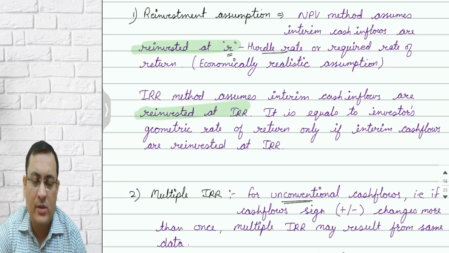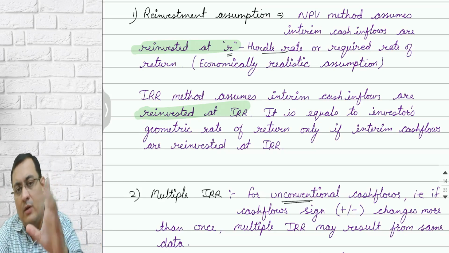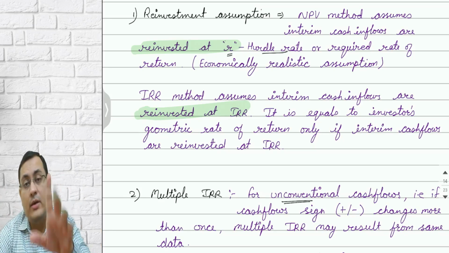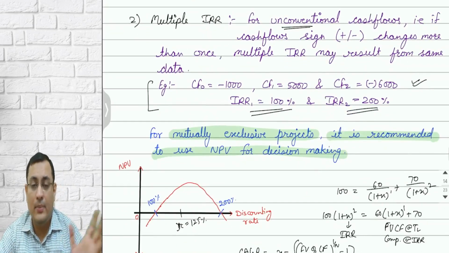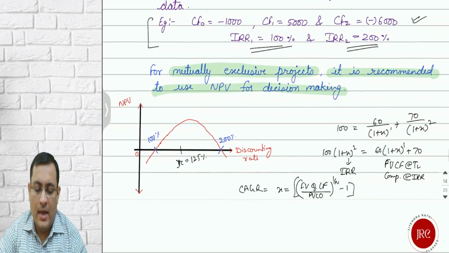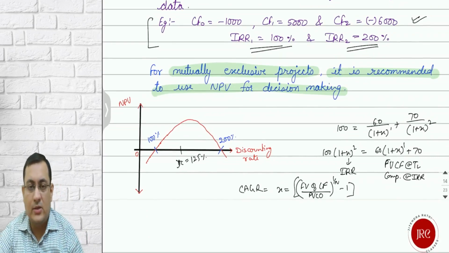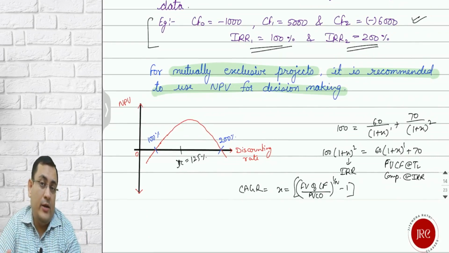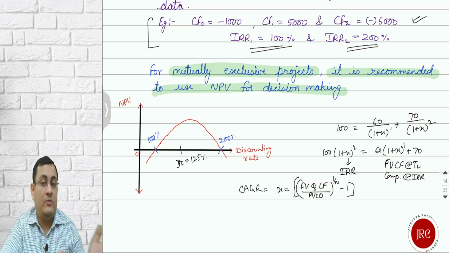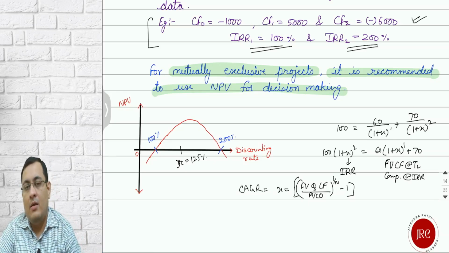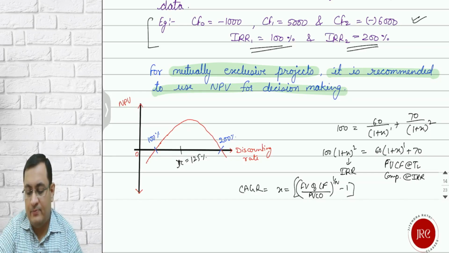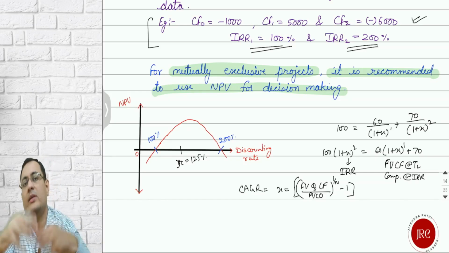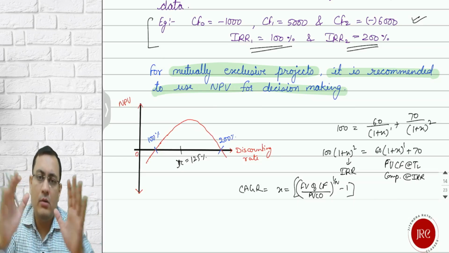In these situations, NPV will always generate a single absolute value in currency terms, whereas IRR has a problem. Multiple IRRs may come, and when there are multiple IRRs, again there is a problem. The required rate, the hurdle rate, is to be compared with which IRR, IRR 1 or IRR 2? IRR 1 may say select, IRR 2 may say reject. So that is why whenever there is a conflict, we always go for NPV.